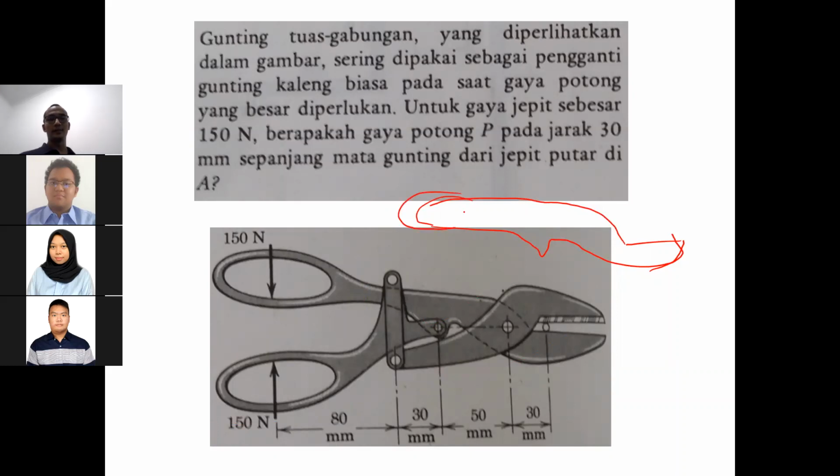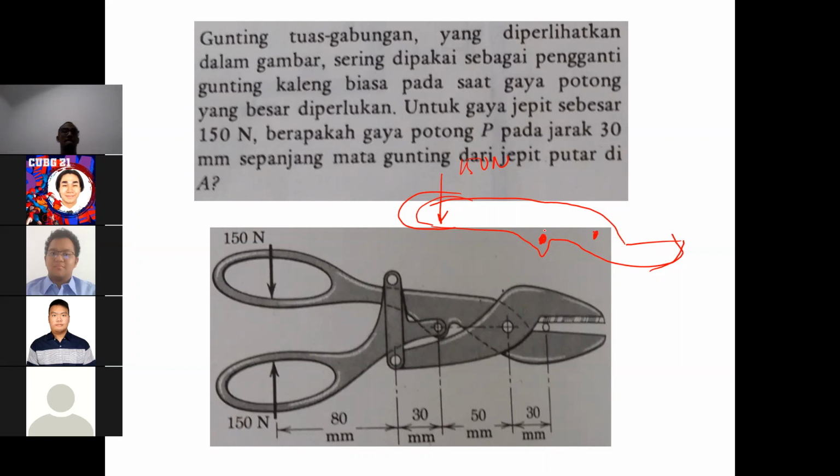What forces do we have there, David? The top one. 150 here. What else? There is a pin here, and there is a pin here. Okay, at the pin, what will be happening at the pin?